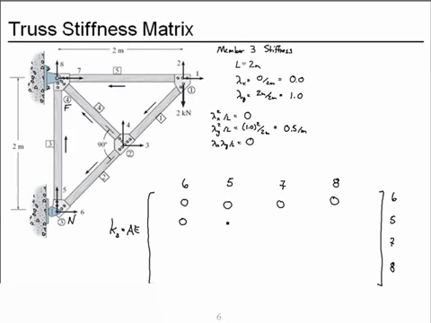Lambda y squared over L, of course, 0.5 per meter, minus lambda x lambda y, and minus lambda y squared over length, minus lambda x squared, minus lambda x lambda y, lambda x squared, lambda x lambda y, minus lambda x lambda y, minus lambda y squared, lambda x lambda y, and a positive lambda y squared.